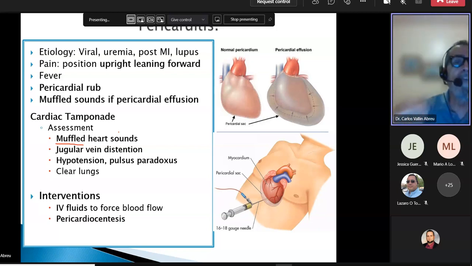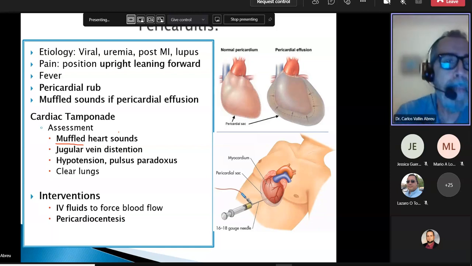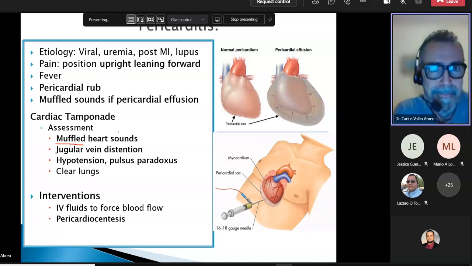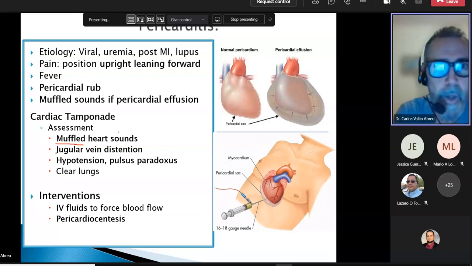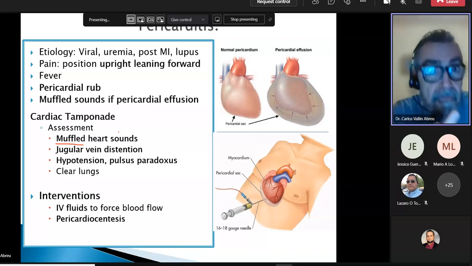But if the blood is not entering the heart, the blood is not leaving the heart. So what do you expect with the blood pressure in this client that has no blood pumped? What is going to happen? The pressure of the blood in the aorta, in the brachial artery, is going to drop. That's why you have the triad. Triad means three things.